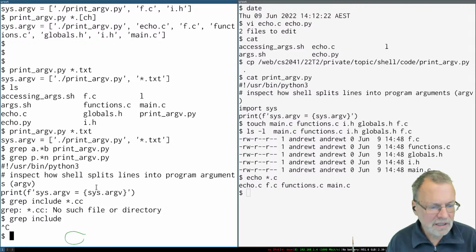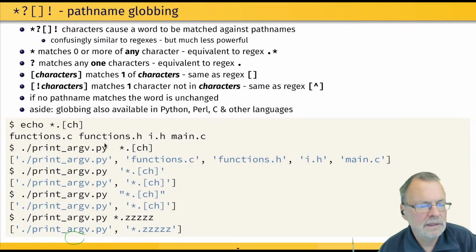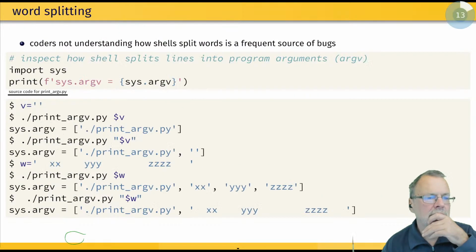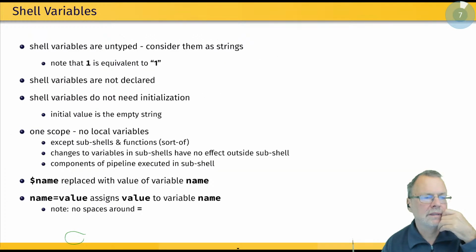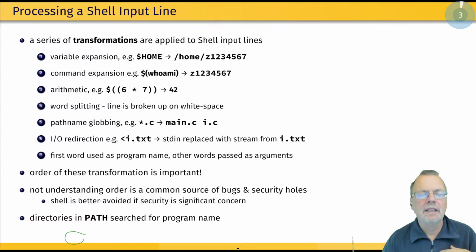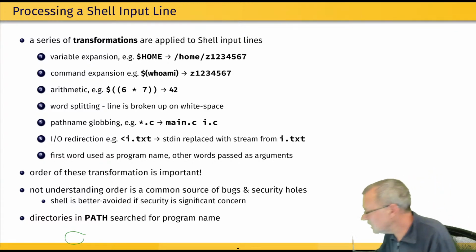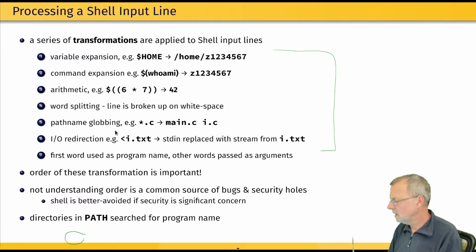All right, I think now we've covered that. I can go back and look at these transformations and view them. Back. All right, so these are the things that happen to an input line in shell.